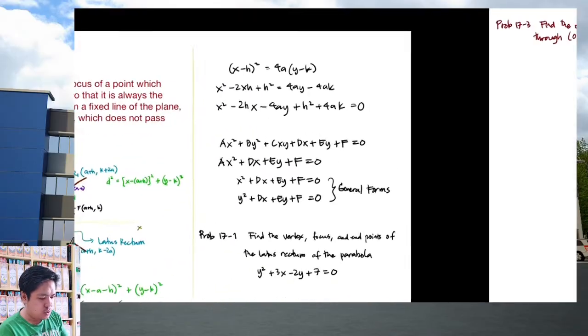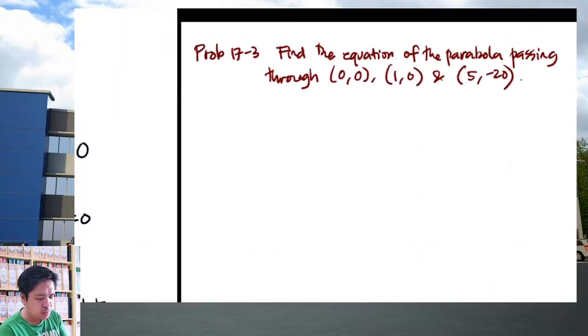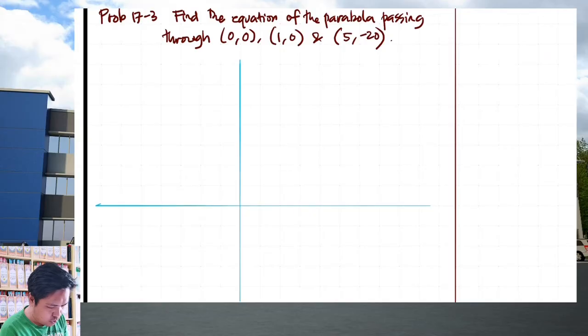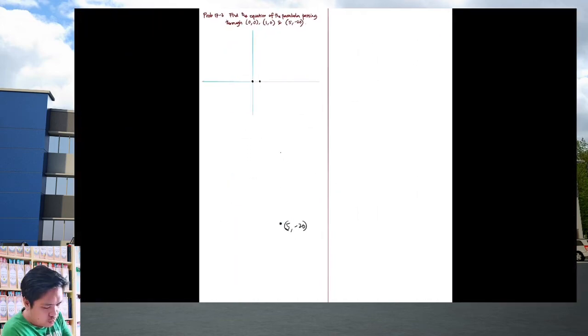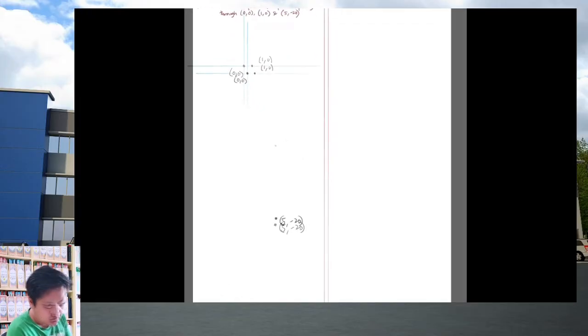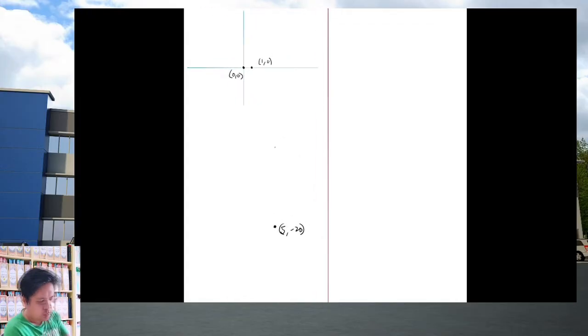So how would we know if we'll use this one or this one? So the best way to do that is to plot the points, then guess na lang muna tayo. The location of the points, we have the origin, and we have (1, 0), and we have (5, -20). So, our parabola, hindi naman siya pwedeng opening upward, no?